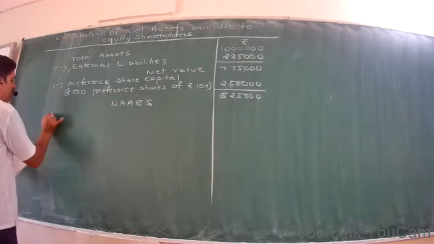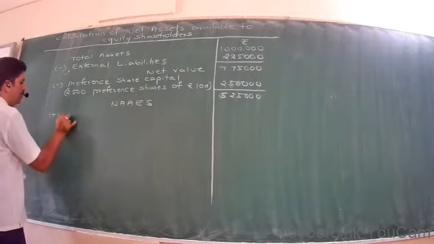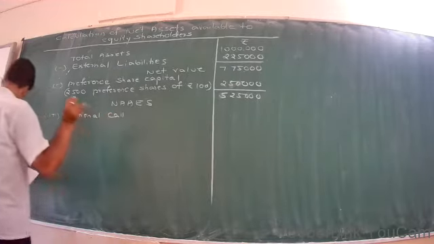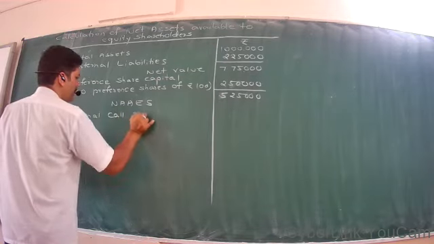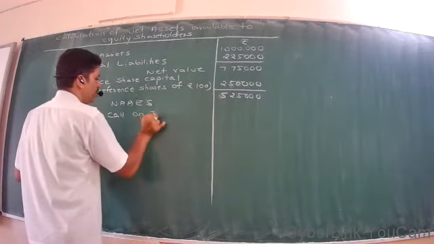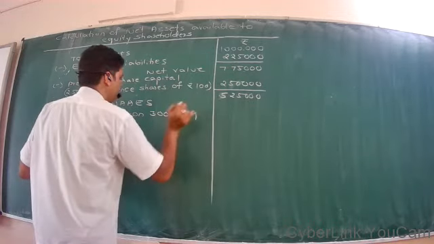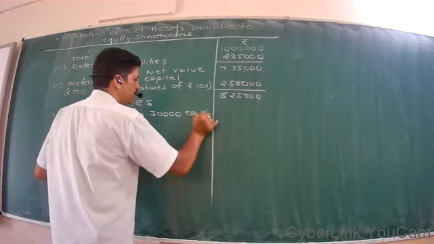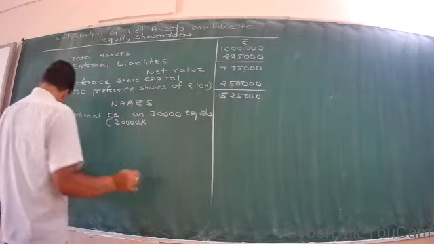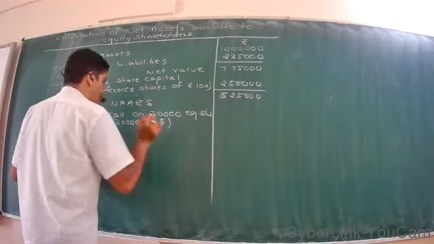One more addition is there for the net assets available, that is the notional call on the partly paid class of equity shares. That is 30,000 equity shares, and the unpaid amount is rupees 2.5 per share.